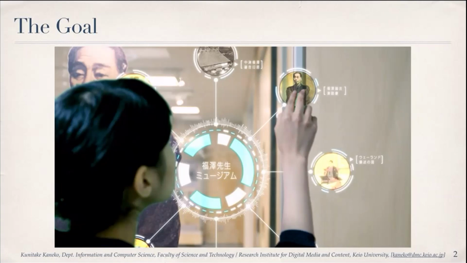Unfortunately, this concept video was not used for the actual museum. However, I still think about the idea for exploring information. The context of the video is a museum, but I believe it can be used for any kind of information. So let's start the video.